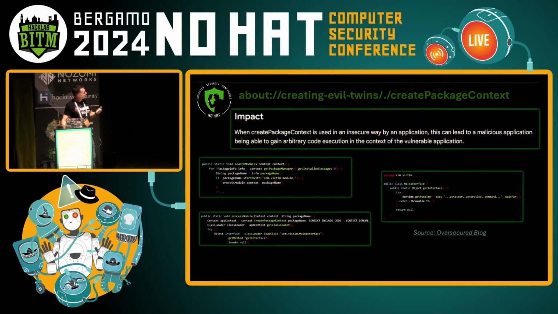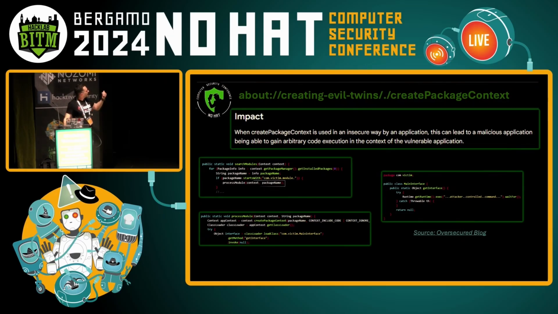So actually, just to be more clear regarding that, there is a warning on the Android developers page when it comes to the specific method. So when this method is used in a non-secure way, it can lead to arbitrary code execution.